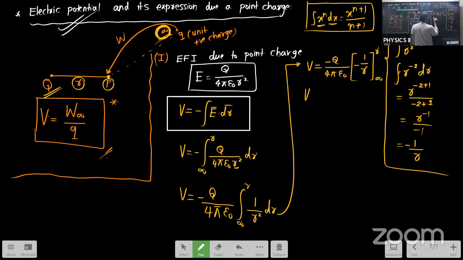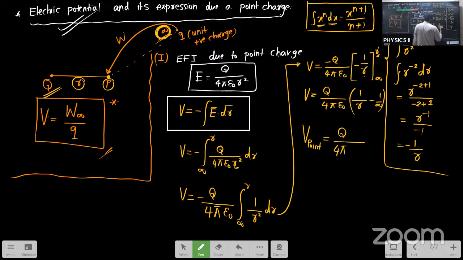Finally, this equation will become V is equal to Q by 4 pi epsilon naught, minus into minus has become plus, so 1 by R minus, I have substituted the value of R here, minus 1 by infinity. 1 by infinity will become 0. So our final answer, electric potential due to a point charge, is given as Q divided by 4 pi epsilon naught into R. So this is the final answer for determining the electric potential due to a point charge.